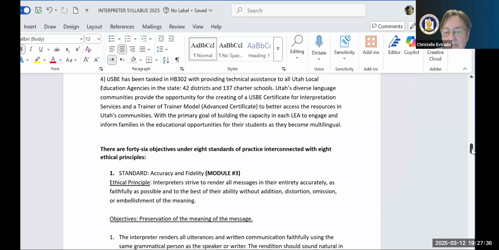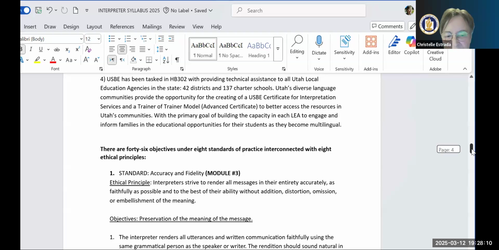Strive to render all messages in their entirety accurately, as faithfully as possible, and to the best of their ability without addition, like explaining what someone means, without distortion, omission, or embellishing or expanding the meaning. Okay, so let's just look at the objectives for a minute and then we'll have open questions.